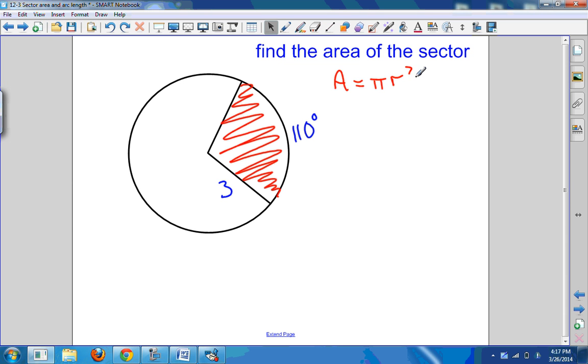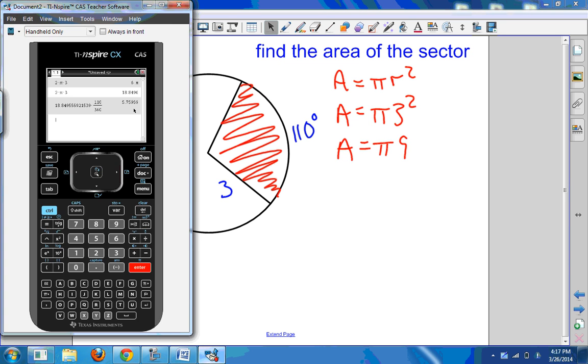So let's find that whole area first. The area will equal pi times 3 squared, which is 9, right? So the area is equal to pi times 9, which is 28.3.